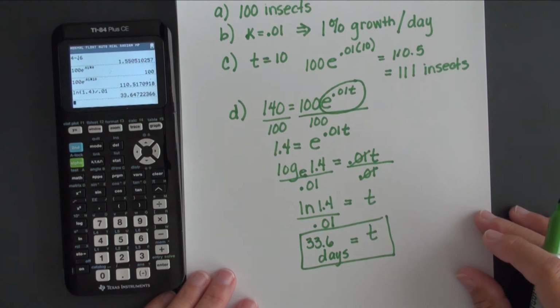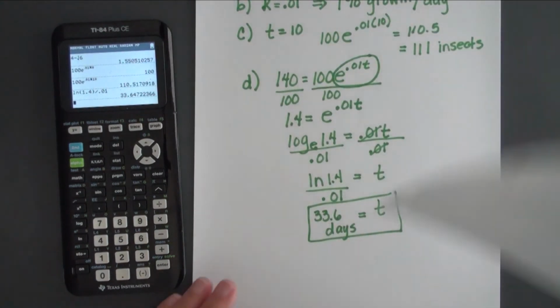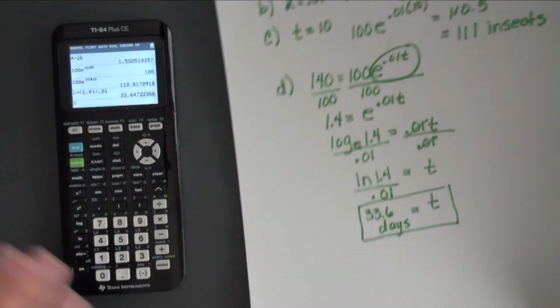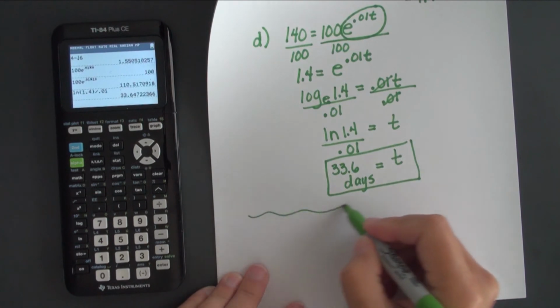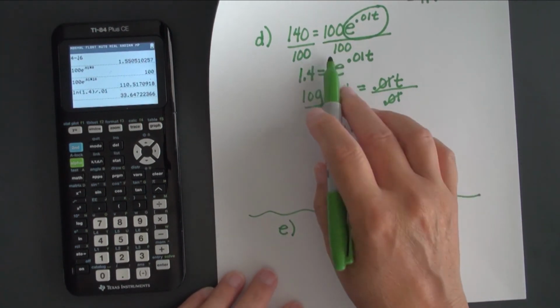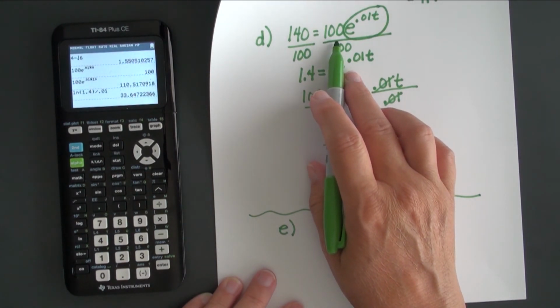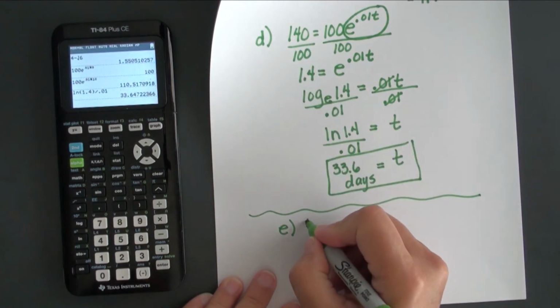Now part E says, when will the insect population double? So for part E, we are just going to put what the population would be if it doubled, and if it starts out with 100, if it doubles, it's at 200.